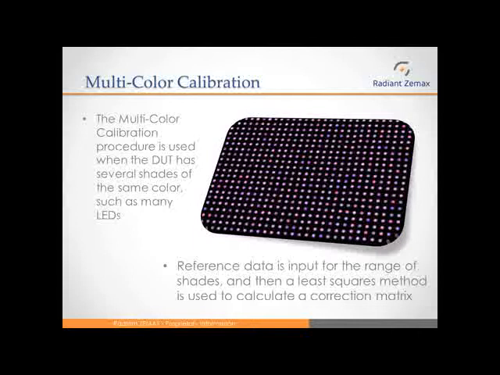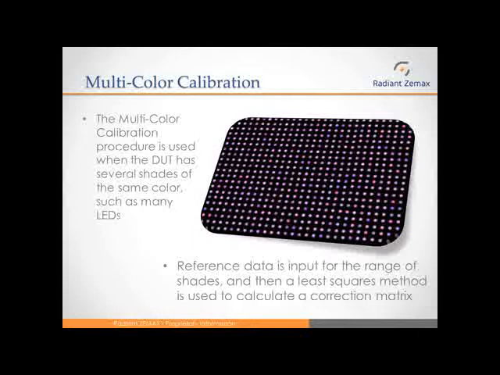The first is called a multicolor calibration, and what this does is create a calibration for a device under test that has many shades of the same color, sort of like LEDs from different bins. So you could have maybe some white LEDs that are a little bit bluish and some that are a little bit yellowish. So in that case, we would use a multicolor calibration, and we would take reference data that covers the whole range of shades.